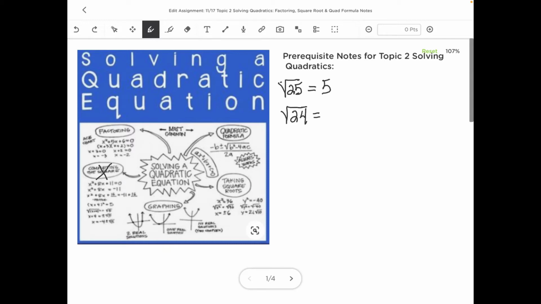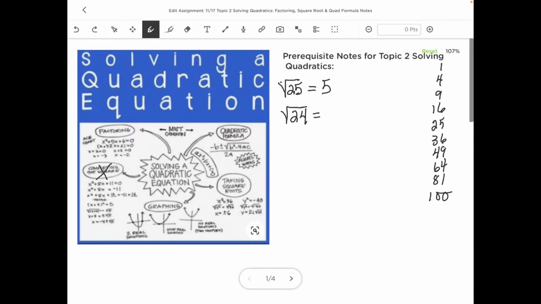This is the way I recommend you doing it, the most efficient way. So maybe make yourself a list of perfect squares. So 1, 4, 9, 16, 25, 36, 49, 64, 81, 100, and you can generate them on your calculator too.